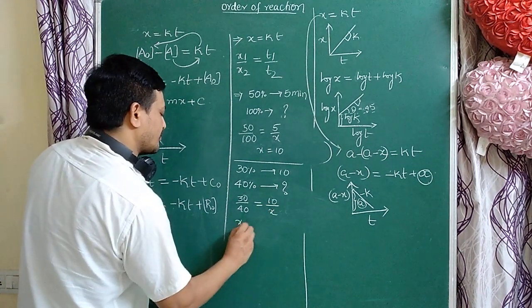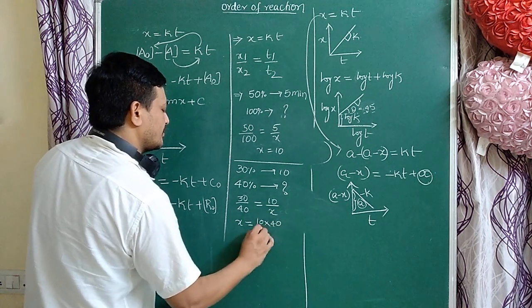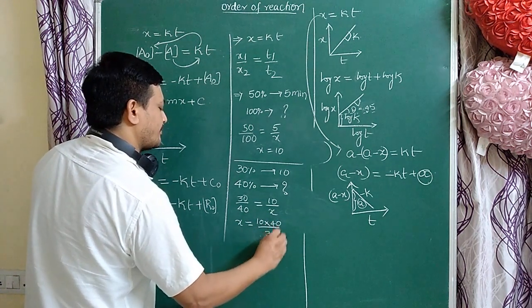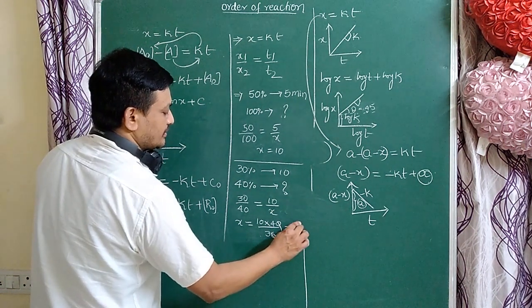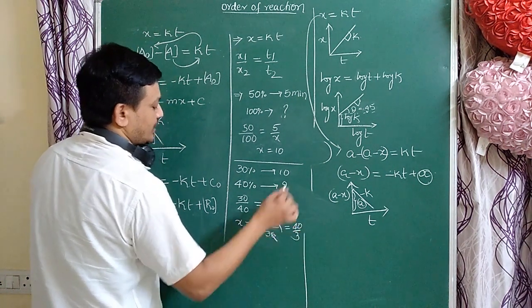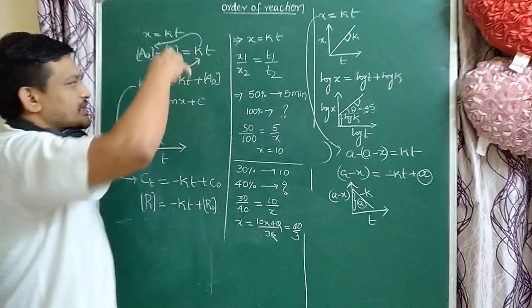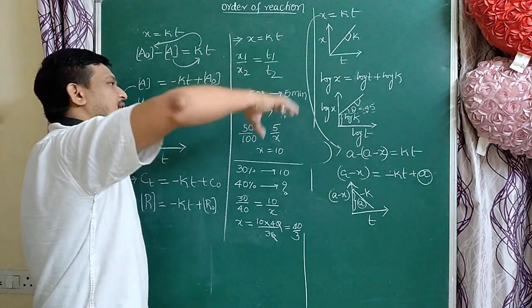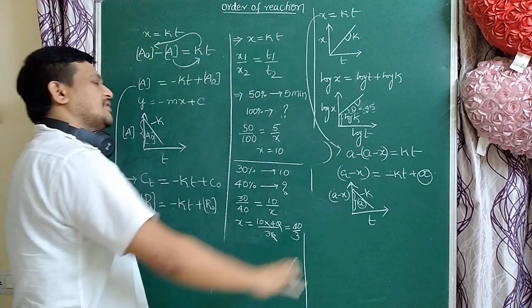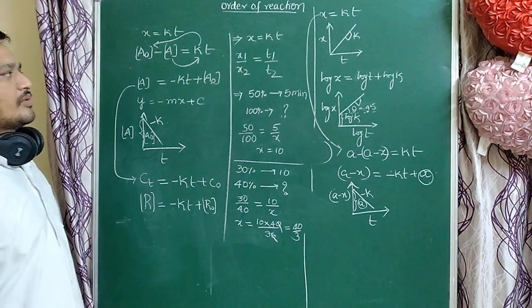So I have to simplify that to get the answer. 10 into 40 by 30, that equals 40 by 3. So this formula is very, very important for calculation of the time for a particular percentage completion of the reactions.